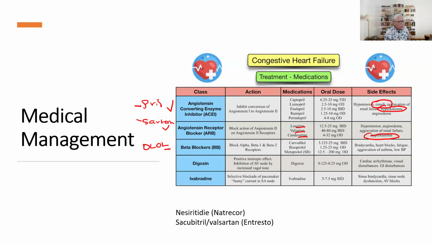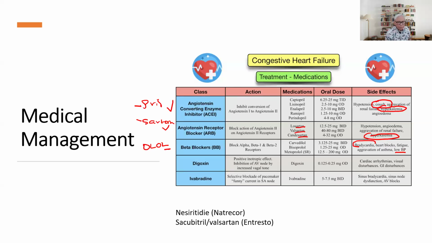All those medications are beta blockers. And one of the things that you're going to make sure that you understand is that in addition to the decrease in blood pressure, your beta blockers can cause bradycardia. And of course, in addition to causing a low blood pressure.